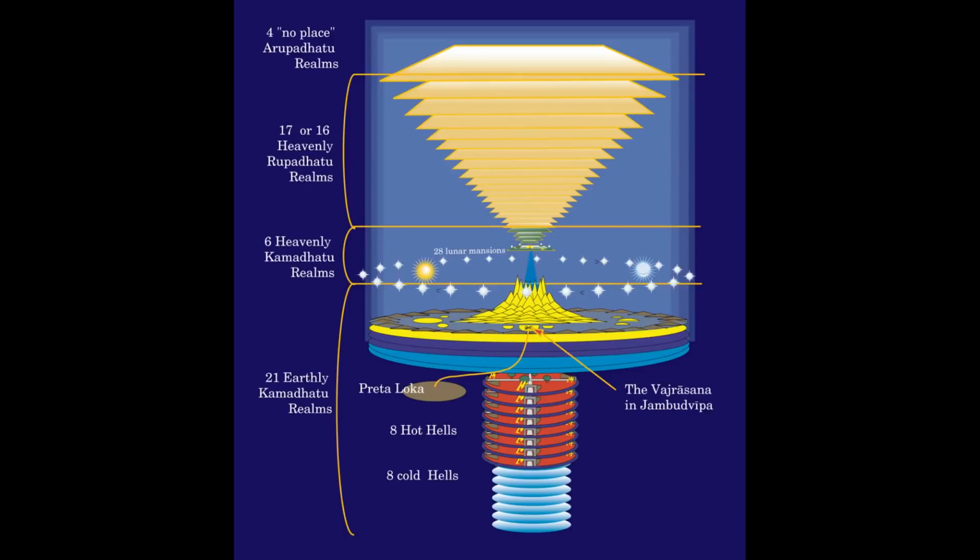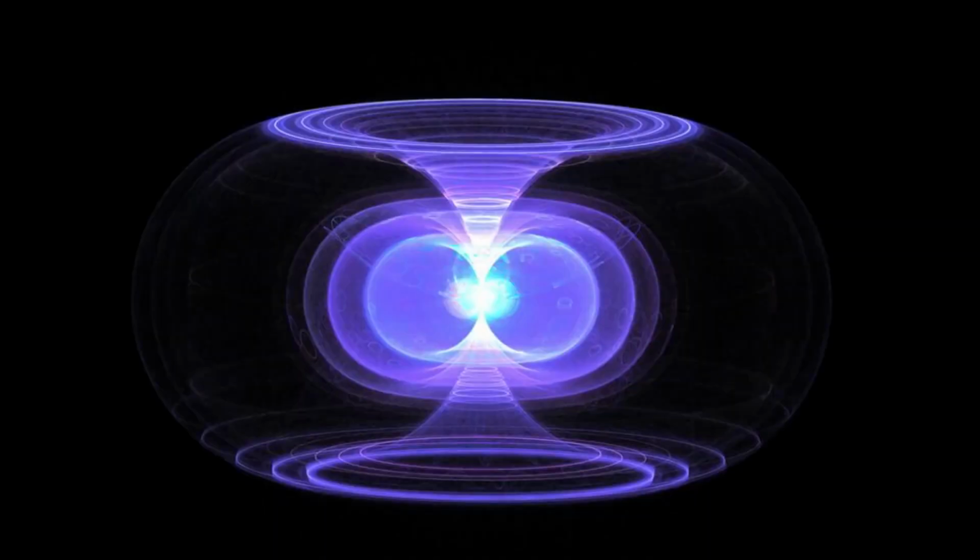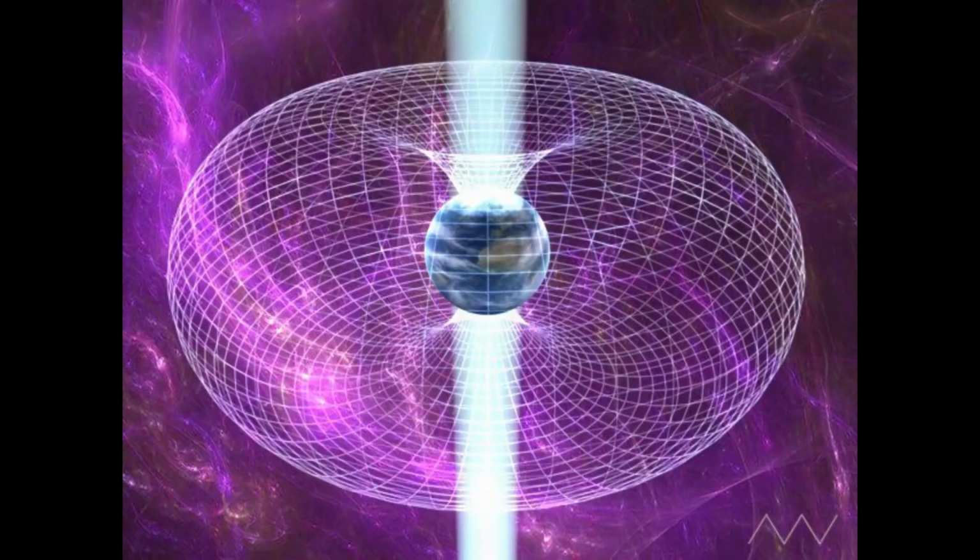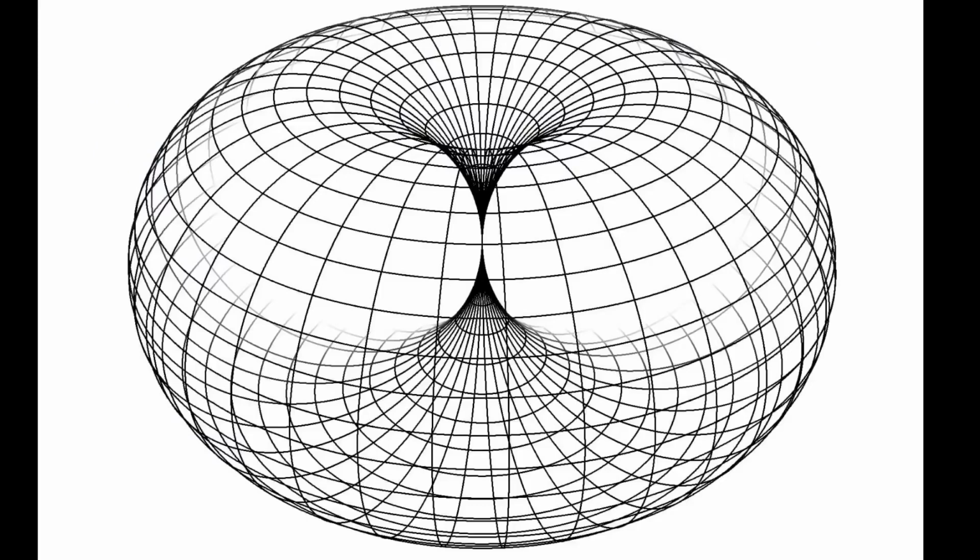This takes the form of a toroidal electromagnetic field. Even in their heliocentric lie, they acknowledge that the Earth's magnetic field is toroidal, or shaped like a torus.